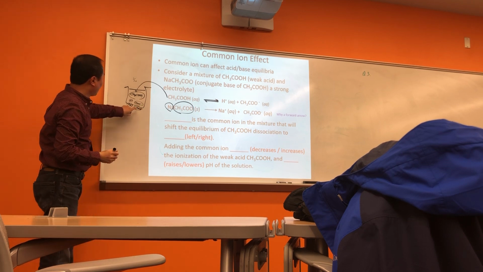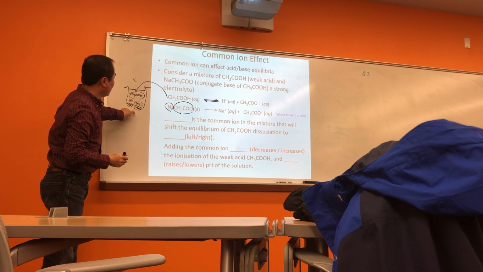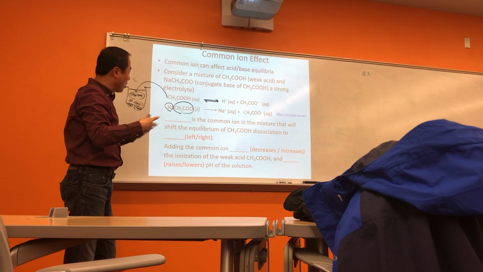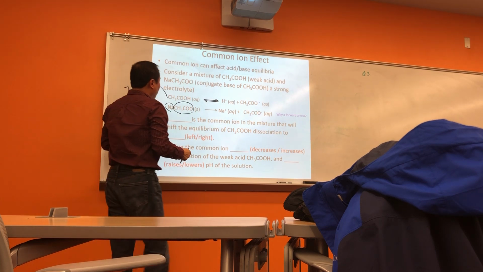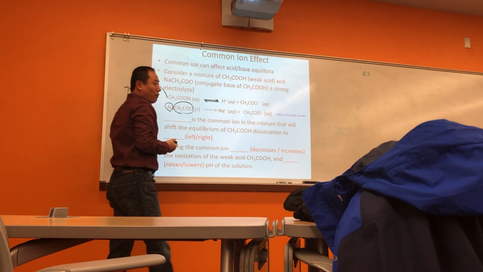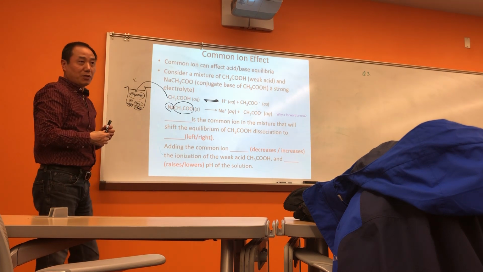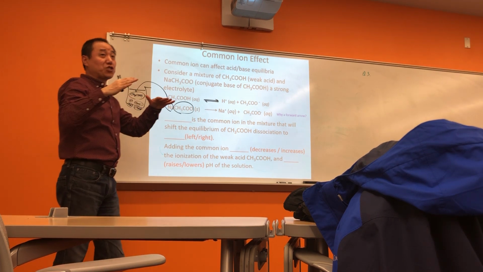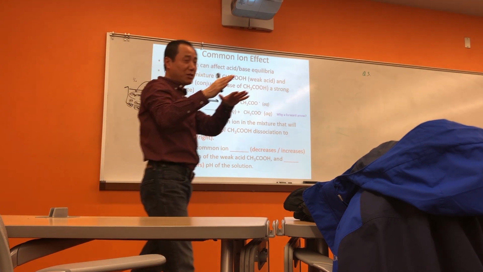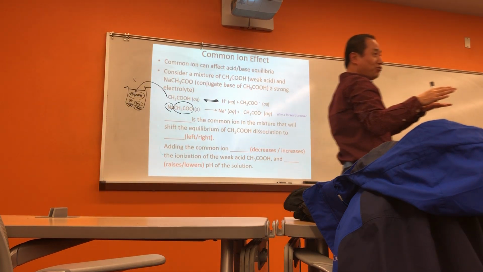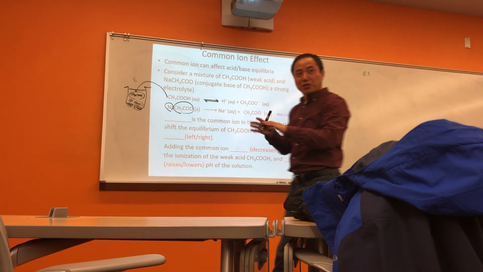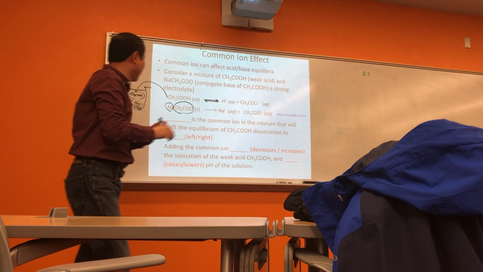So now this is added to the equilibrium, which means it disturbs the equilibrium. Le Chatelier's principle says chemical systems, once they settle at equilibrium, do not want any change. It's like a human. Once you settle down in a certain life, you do not want too much change in your life. Because as long as it's good, you don't want to change it.